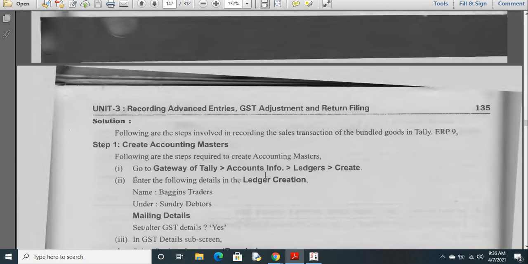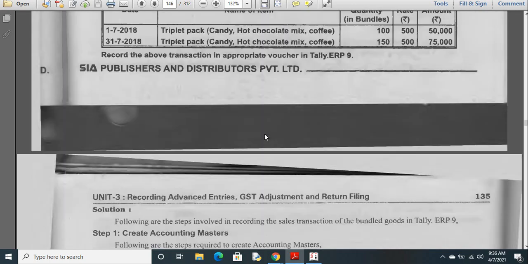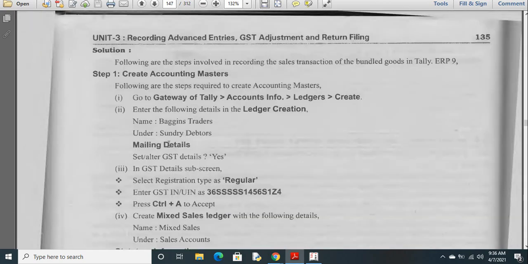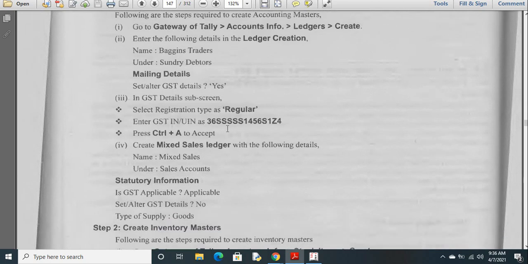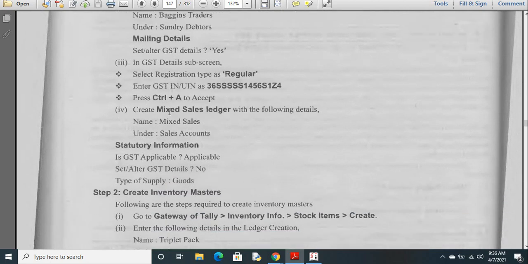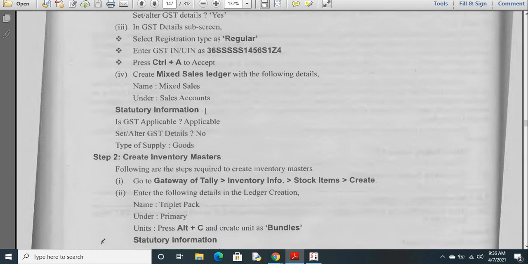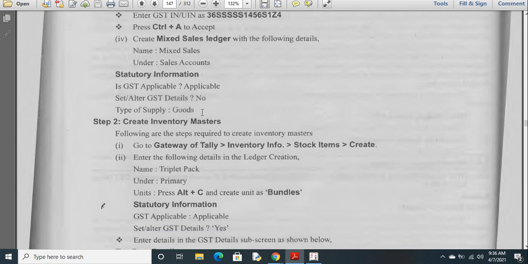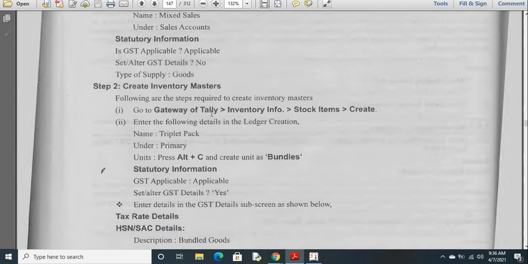Go to Gateway of Tally, ledgers. We have to create Bag-in Traders as sundry debtors because we are selling the goods. Sold to Bag-in Traders, so they will be sundry debtors. Here we create the sundry debtors ledger along with the GST details, and a mixed sales ledger under sales account. Statutory details are applicable, yes, and type of supply is goods.